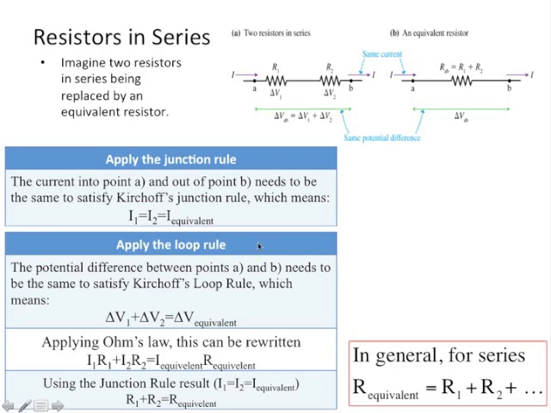So in general, for resistors in series, the equivalent resistance is just R1 plus R2, and if there are more resistors in series, it's R1 plus R2 plus R3, adding as many as you need. That's how you find the equivalent resistance of resistors in series.